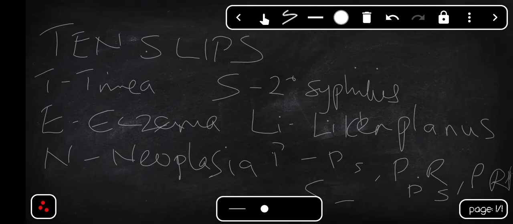Another part is N, which stands for neoplasia. For the N, we have a lot of neoplasia in dermatology. They have different causes, but for example, we have squamous cell carcinoma and basal cell carcinoma. What's the difference? And then we have melanoma.